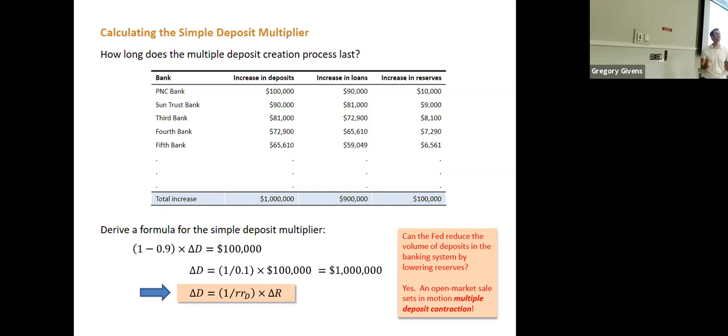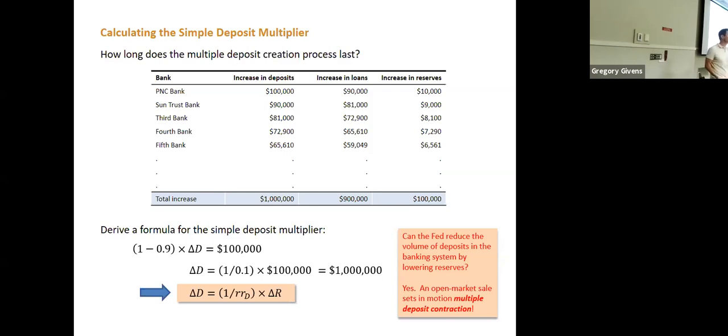If banks elect to hold more in excess reserve and loan out less to investors, that means fewer dollars are getting redeposited into the banking system. And so the increases in the money supply are going to be smaller. So the higher our reserve requirements, the smaller the deposit multiplier. If banks elect to hold less reserves, the simple deposit multiplier should expand.